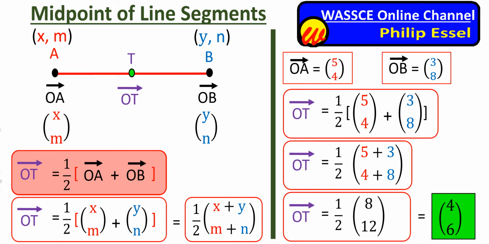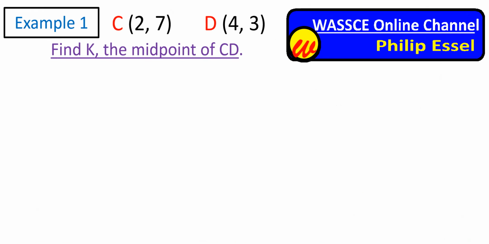Let's look at some examples. Example 1. So in this example, we have been given the point C to be equal to (2, 7), and the point D to be equal to (4, 3). And we have been asked to find K, the midpoint of the line segment CD.